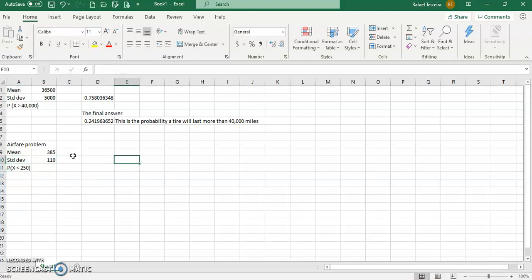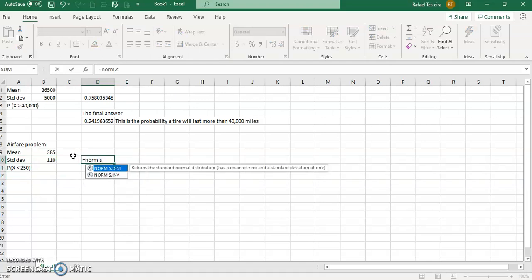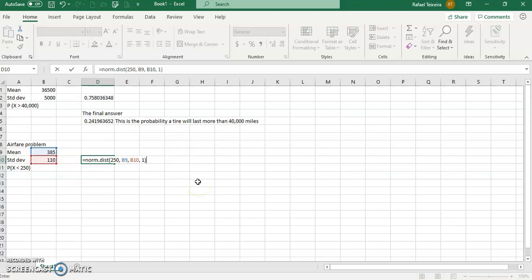Remember how I do that: I type equal norm.dist, open parentheses, and now I enter the x I'm looking for, which is 250. I type comma, then the mean, 385, comma, and then Excel asks for the standard deviation, 110. For cumulative, I always type 1, and I answer the problem.